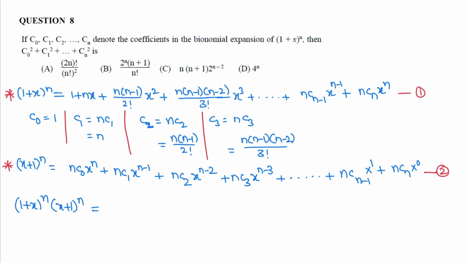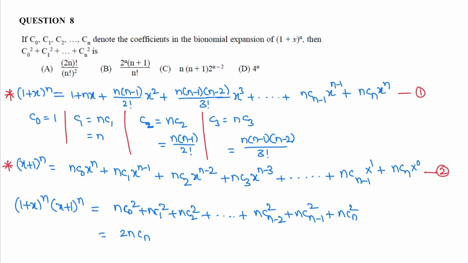Multiply these two equations, (1 plus x) whole power n and (x plus 1) whole power n, and it will result in nC0 square plus nC1 square plus nC2 square, and so on, nC(n minus 2) square, nC(n minus 1) square plus nCn square. So it is 2nCn, that is equal to 2n factorial by (n factorial) whole square. The correct option is A.